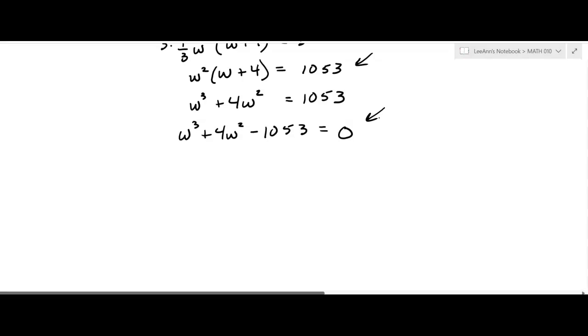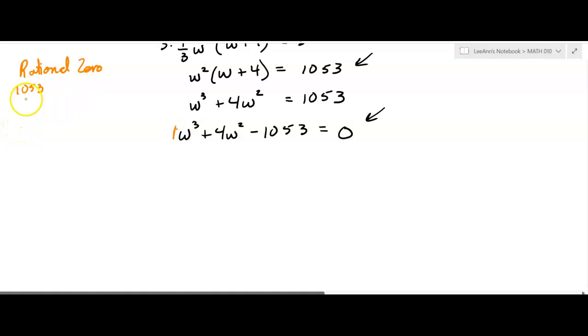Now, I can use the rational zero theorem. So P's over Q. So factors of 1053, and I'll have to figure what that is. And then this is just a 1, right?